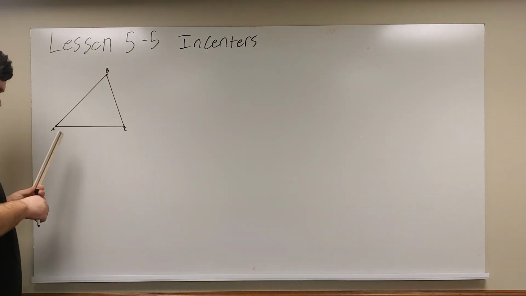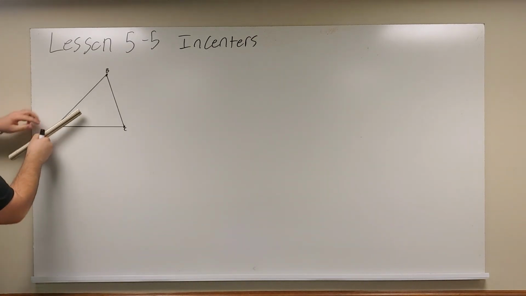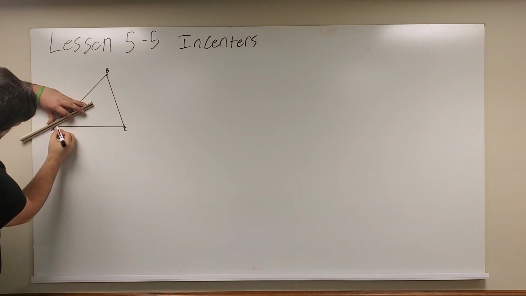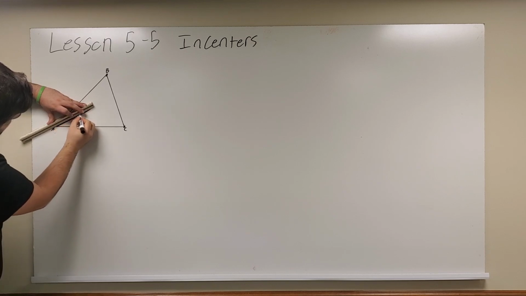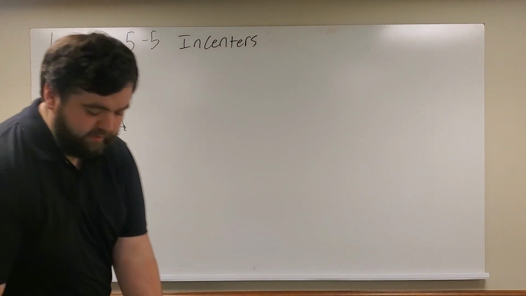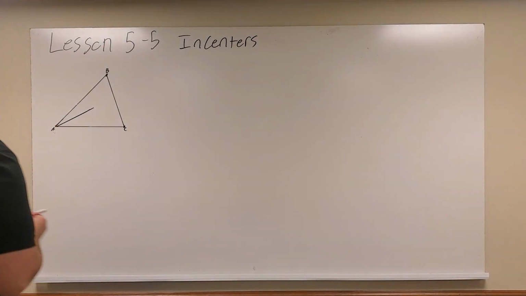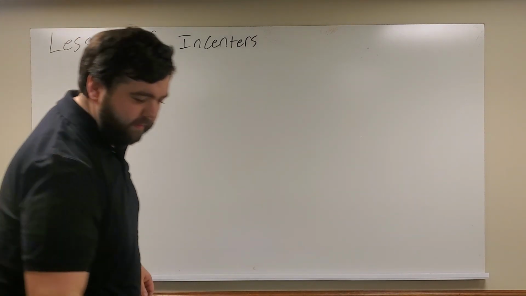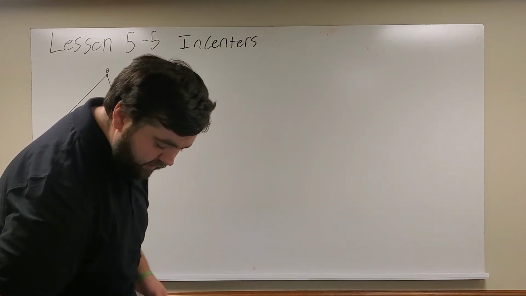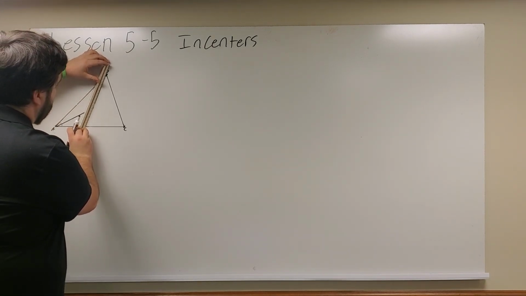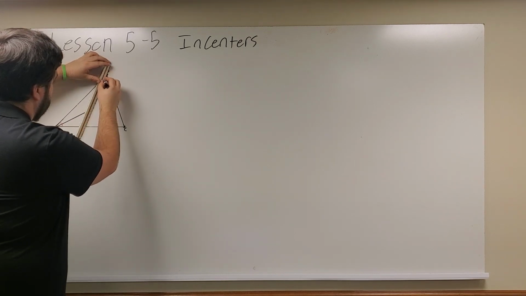So I'm going to go ahead and bisect this angle. Let's say somewhere right about there. Somewhere in there, right? That's about bisecting it. And I'll go ahead and mark it to show they're the same. All right, so we got that one and that one. Then I'm going to bisect this angle. Let's say it's right about there.